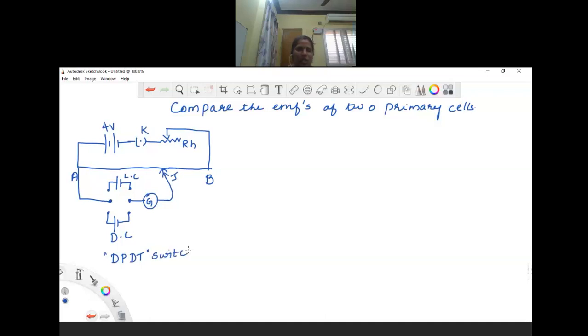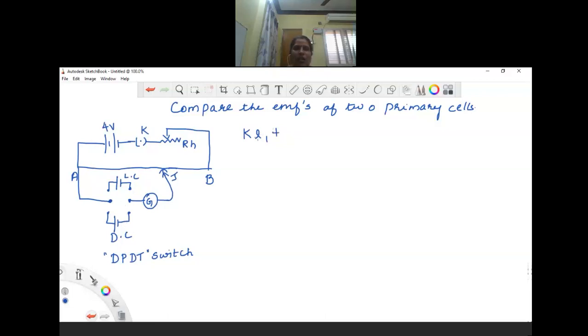First we are going to include the Leclanché cell in the circuit, and by using Kirchhoff's loop rule and the principle of a potentiometer, the balancing length corresponding to the Leclanché cell will be taken as L1. When you apply the law we get K into L1, and we apply this loop alone. We are not going to consider the Daniell cell here.